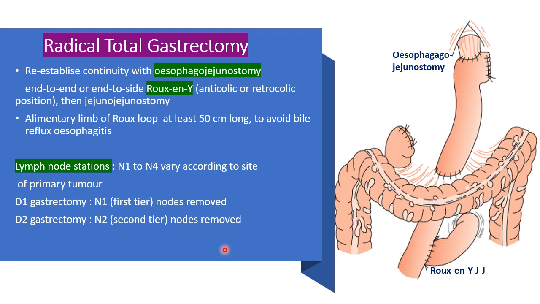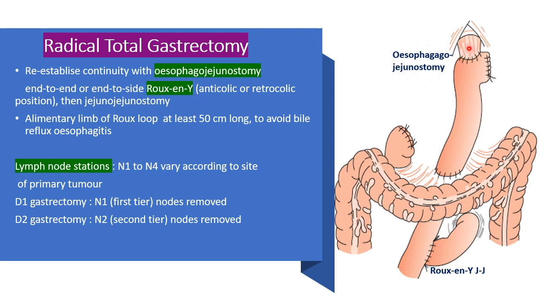Once you've done a total gastrectomy, then you have to re-establish continuity, and this is done in two ways. The main method of re-establishing continuity is an esophagojejunostomy. This is the esophagus, this is the jejunum.